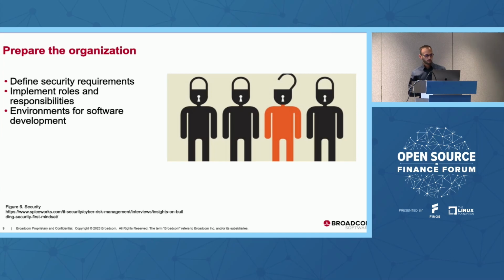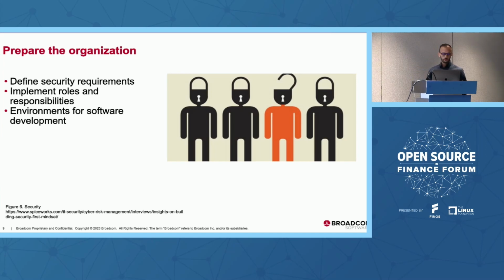It's talking about roles. You need to make sure that everyone in the organization knows his or her role and needs to know what are the responsibilities of that role. Such an example is security champion, but also every other role in the software development lifecycle needs to be specified, and they need to know their responsibilities.